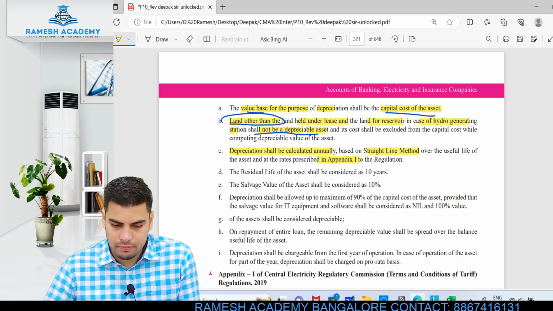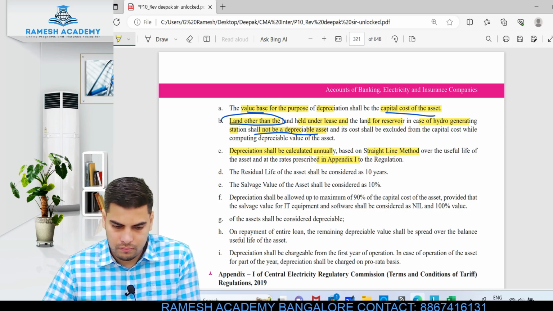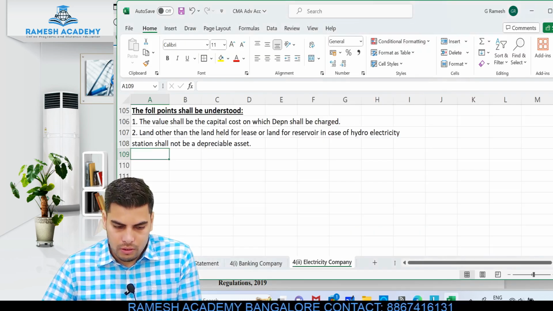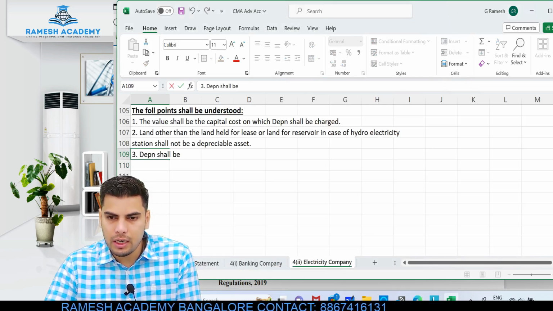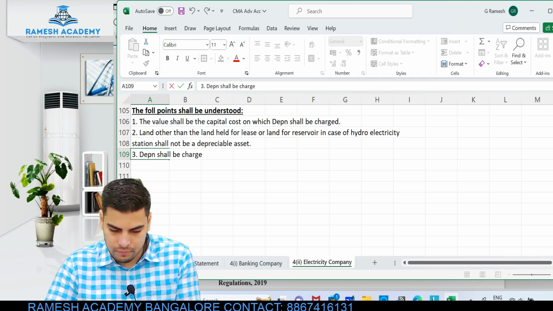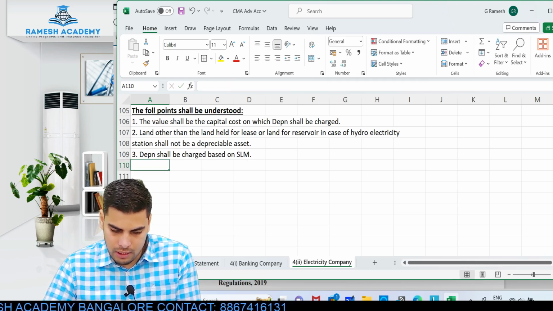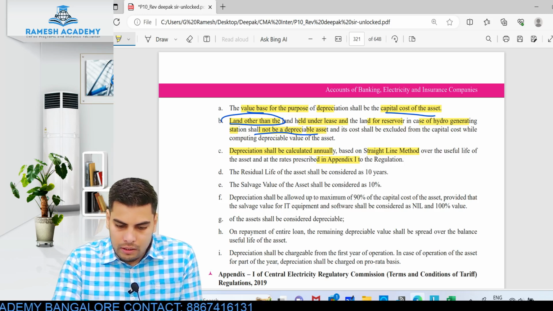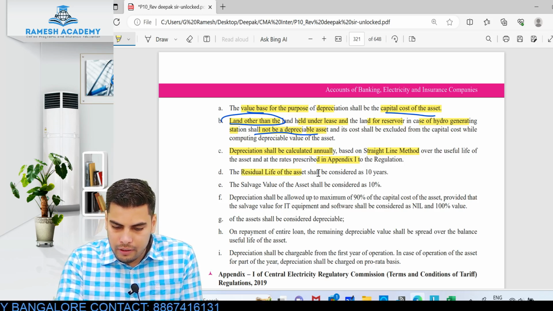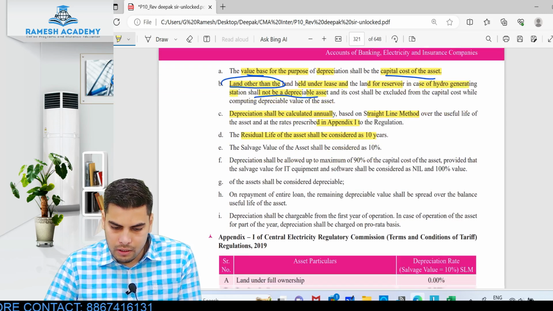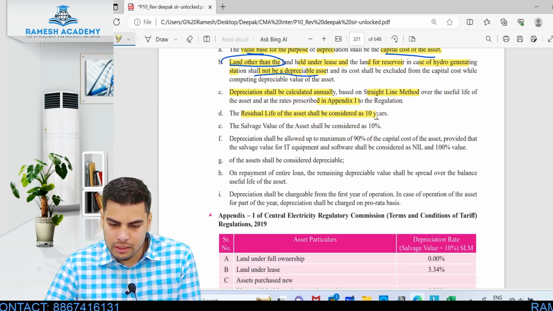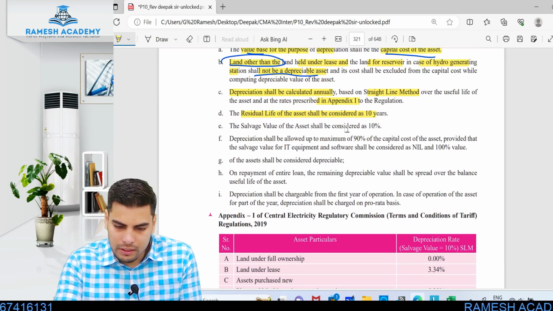Clear? Okay, so then the third point would be depreciation shall be charged based on the straight line method, the SLM method. The next thing is residual value. The residual value of the asset shall be considered as 10 years, and the salvage value of the asset shall be considered as 10%.